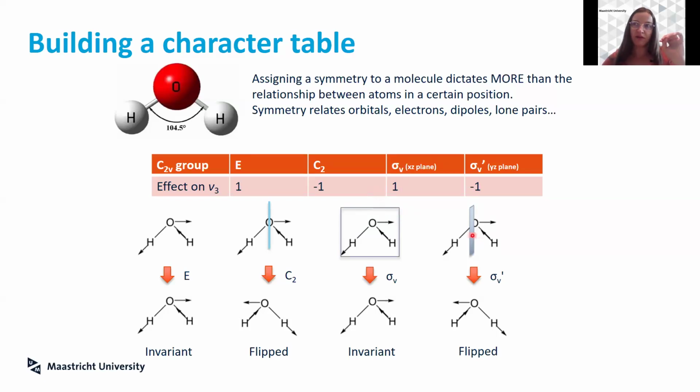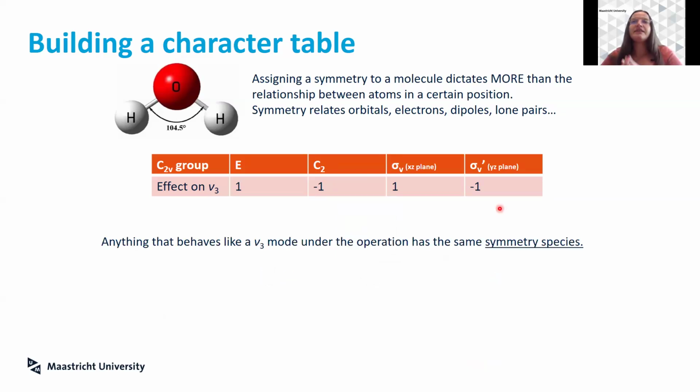The second sigma v is the one that bisects away from the plane, and this will flip the molecule. So then you know that according to this C2v list of symmetry elements, identity is invariant, C2 is flipped, the mirror plane is invariant, the second mirror plane is flipped. Anything that behaves in the same way as nu3 has the same symmetry species of nu3.